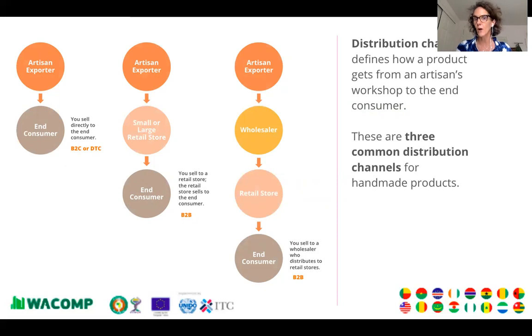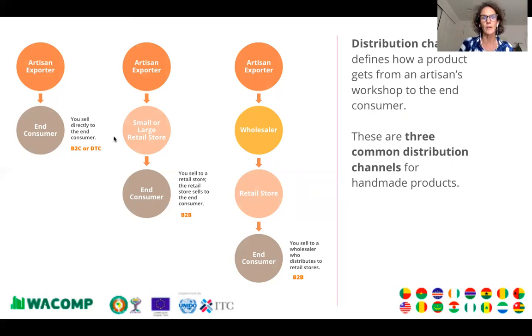This could take place online, in your workshop or store, or at a retail trade show. That is B2C. The next 2 channels are referred to as B2B, or business to business channels.